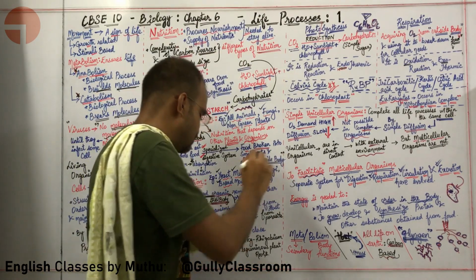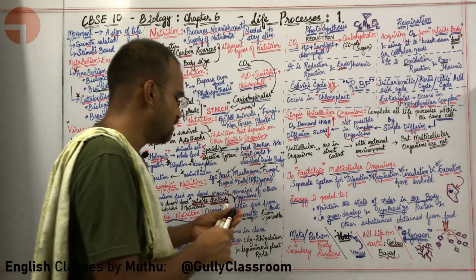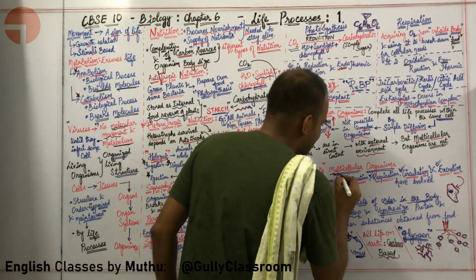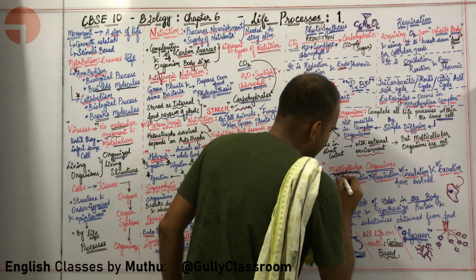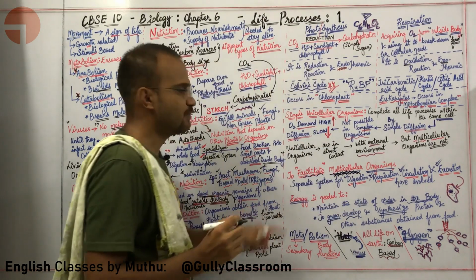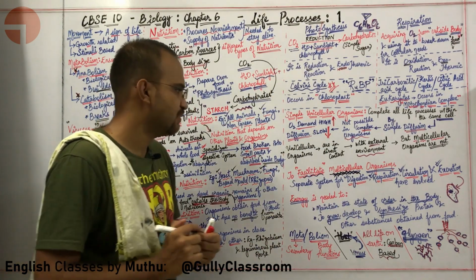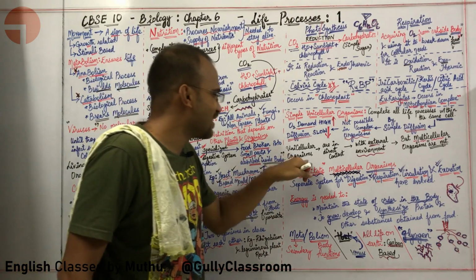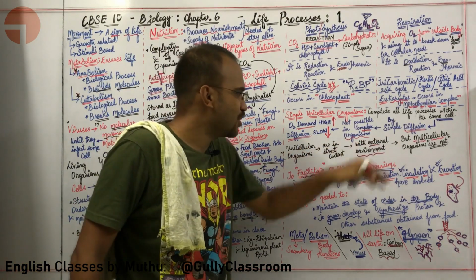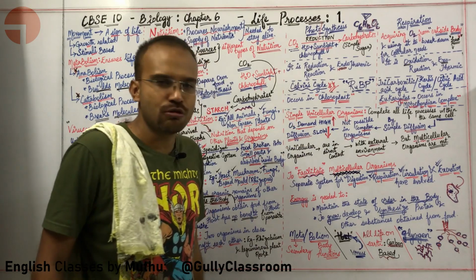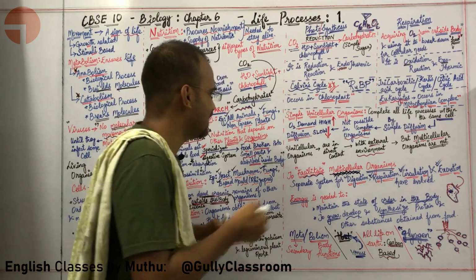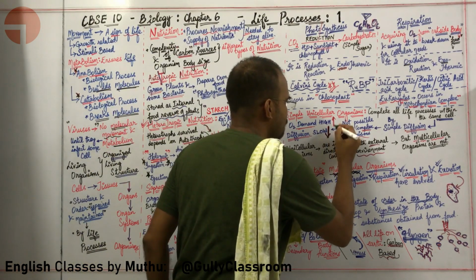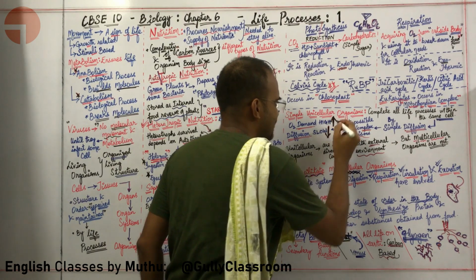In order to facilitate the multicellular organism to be alive, we have separate systems. Multicellular organisms are very complex. Diffusion is very slow. Our oxygen demand is very high.